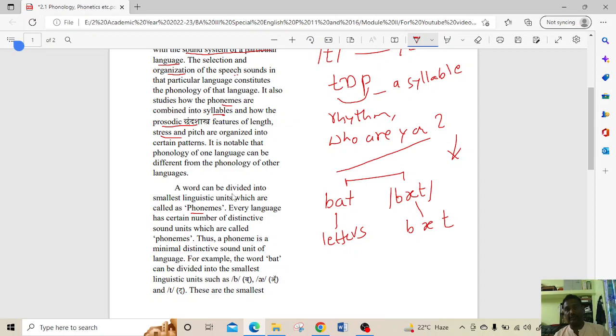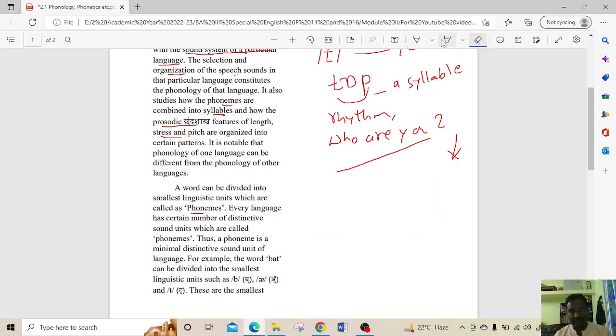Here I would also explain certain things to you so that you are able to understand the sounds and the letters, especially in English. See, in English, you have speech sounds and letters.